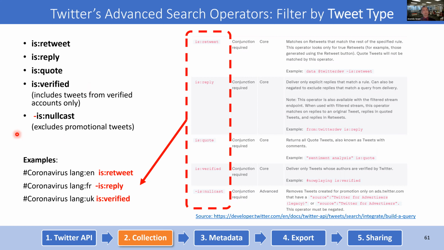The other operator, and I haven't seen this in use a lot, and it's relatively new, essentially allows you to exclude any promotional tweets. When you search on the Twitter web interface, using your browser, you normally are not going to see promotional tweets as part of your search.